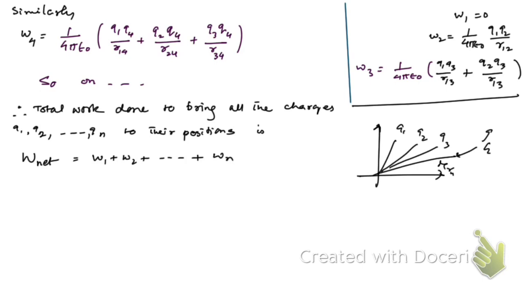And if we add all those, then what are we going to get? We're going to get 0 plus w2, which is equal to this one. So let me copy from here, this is w2, and this is w3.